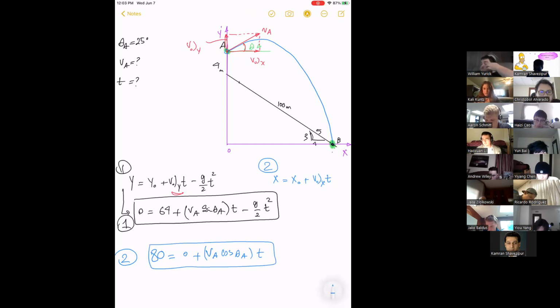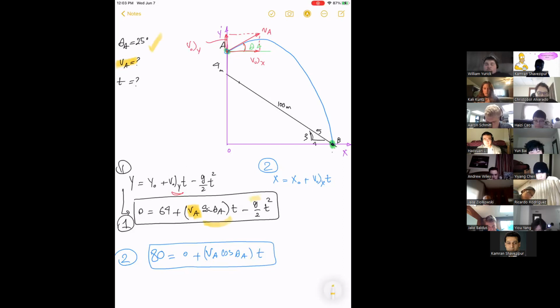Now, I have 2 equations here. How many unknowns do I have? Do I need to find more equations than I'm finding here? Look here. 2. VA, I don't know it, right? Sine theta, I know it, so that's not unknown.